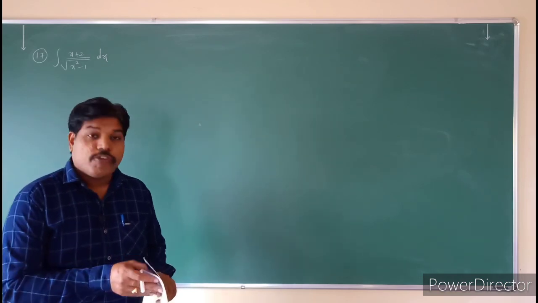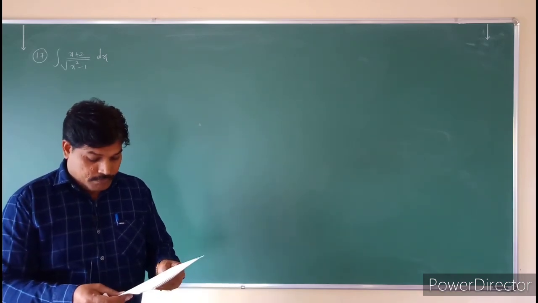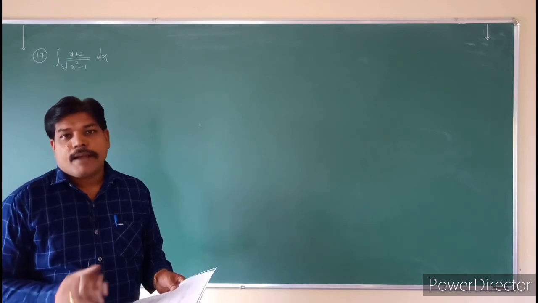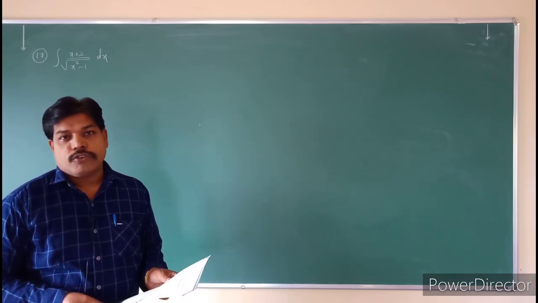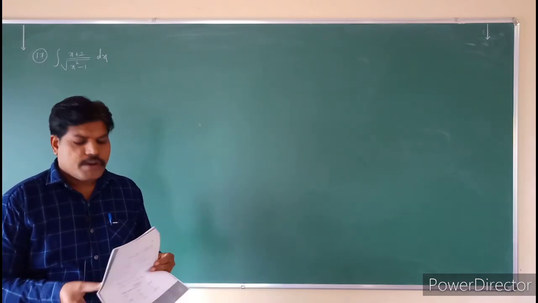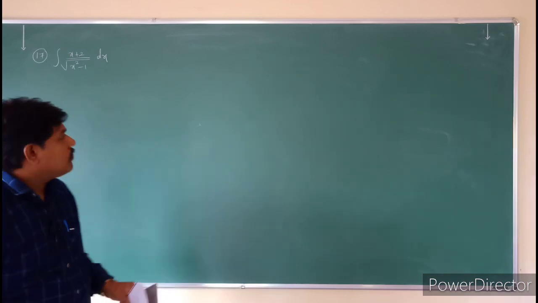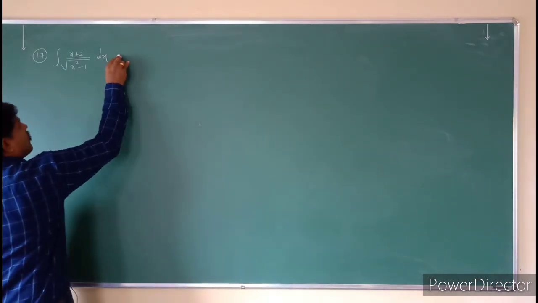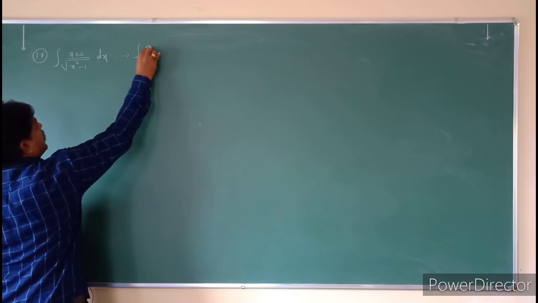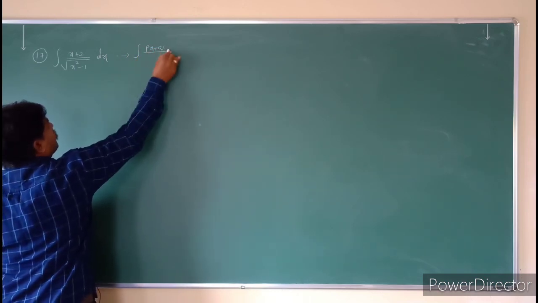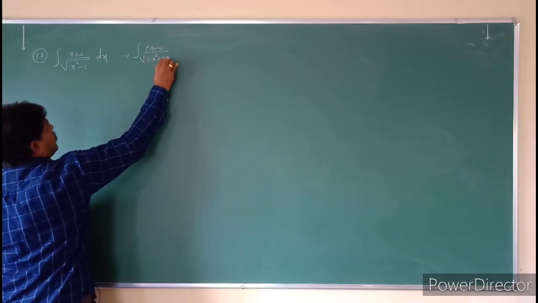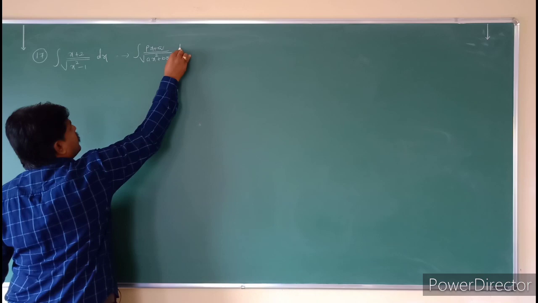This type of problem we already did. See the question number 7. Without using the form, I completed that question. But here we are going to use that form. So x plus 2 by root of x square minus 1, how to solve that one? It is also in the form of integral of px plus q by root of ax square plus bx plus c into dx.